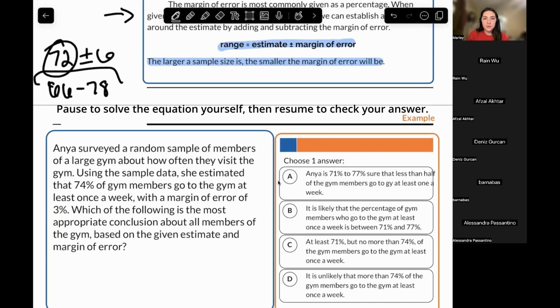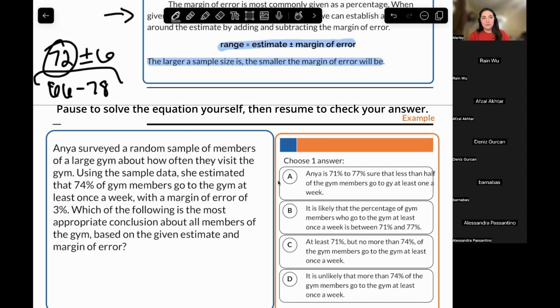All right, so we're getting some answer choices. Someone's asking me if confidence intervals are on the SAT. It really isn't.